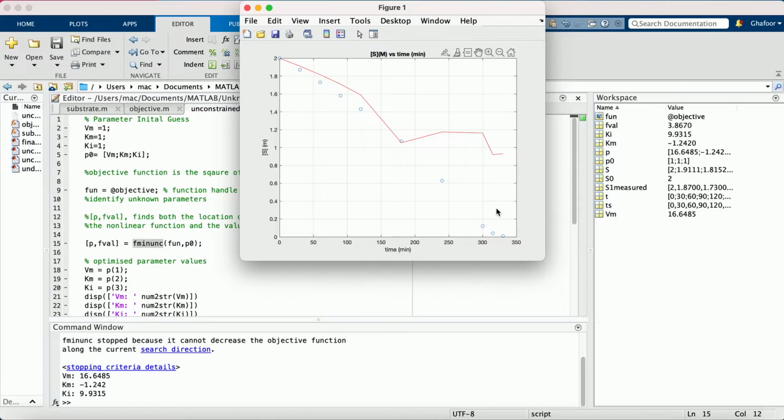As a consequence, the function gets stuck in these local minima, and it does not solve it adequately. So to overcome this obstacle, we can change the initial guess to get a better result.